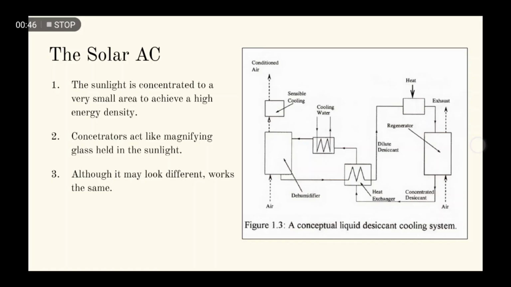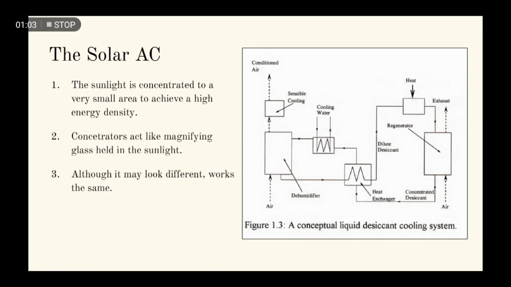Moving forward, how does it work? You might wonder how you can use heat to generate cool air, and I will be explaining that right now. If you look at the diagram, you can see that there is a cycle over here and a separate component where sensible cooling occurs.